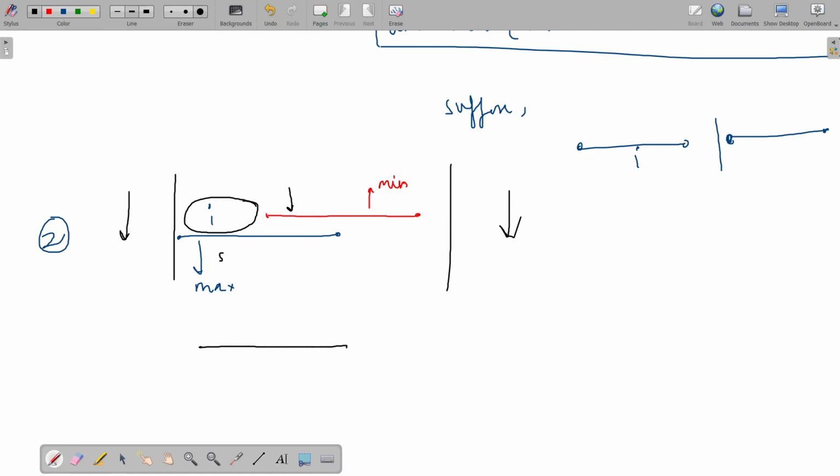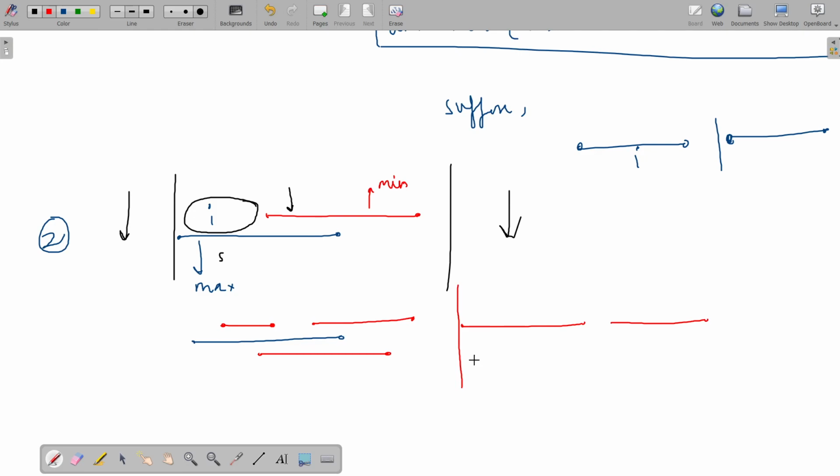Now, for this segment, let me draw it here. For this segment, there will be multiple overlapping segments. So there could be a segment like this, a segment like this, another segment like this, and then after a point there will be some disjoint segments. Okay, this region we have found by binary search.